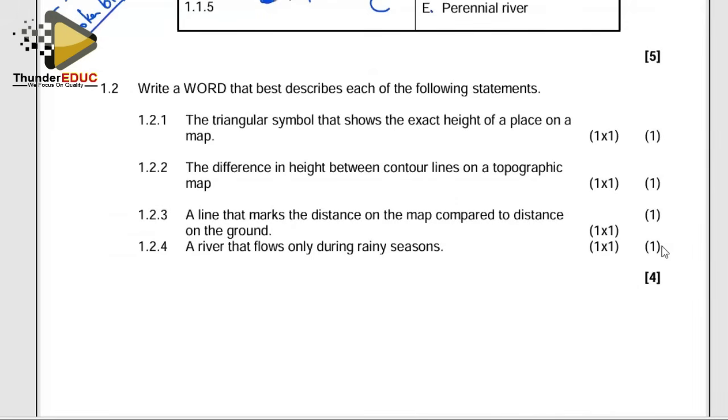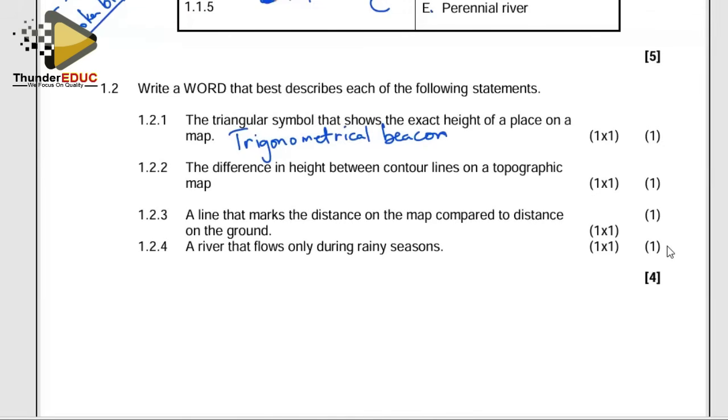What we are referring to here is a feature called a trigonometrical beacon. That is a triangular symbol that you can find on topographic maps that show us the height of that particular place.